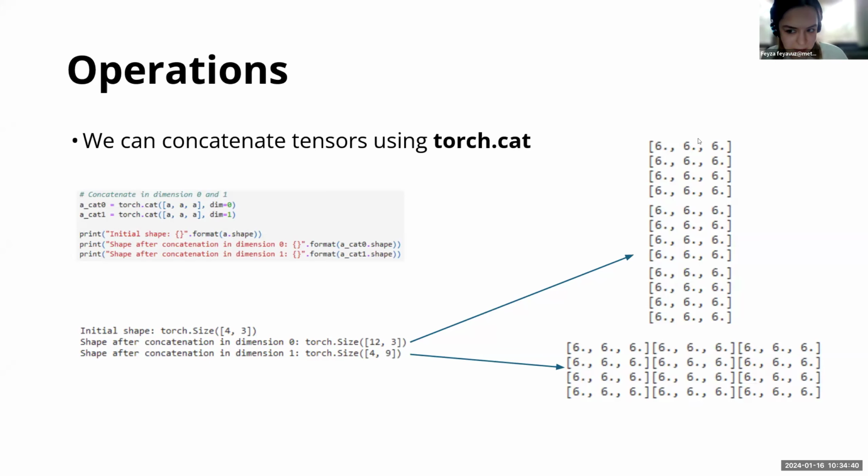Then let's say we are concatenating A on dimension 0, which actually stacks all 3 A's row-wise. So now we have 12 rows and 3 columns. And if we want to do concatenation on dimension 1, which means we stack these A tensors column-wise, now we have 9 columns and 4 rows.